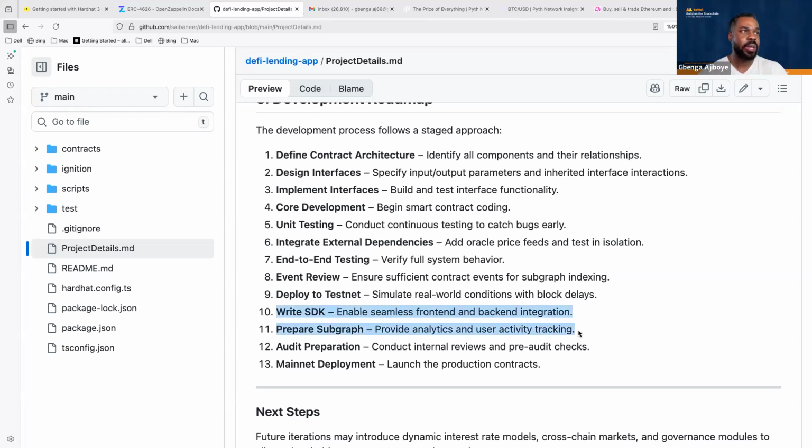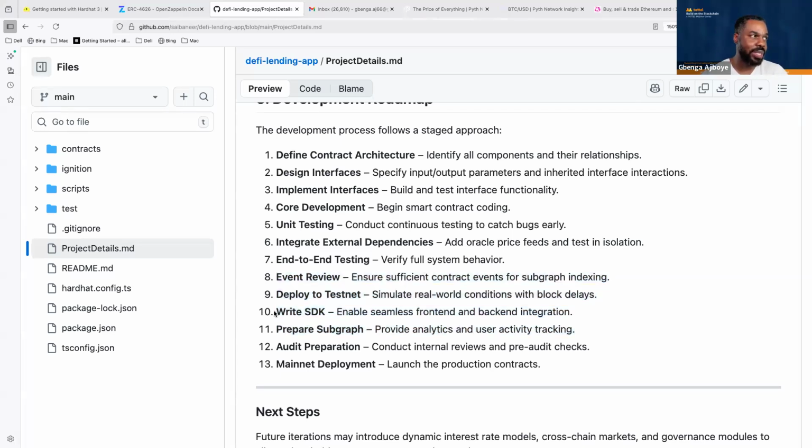We used it at my previous company, TradeStar, and it allows us to see everything happening on the platform. So yeah, these steps, 8 to 11, are very linked to each other. You have to deploy to a testnet in order for you to use a subgraph.